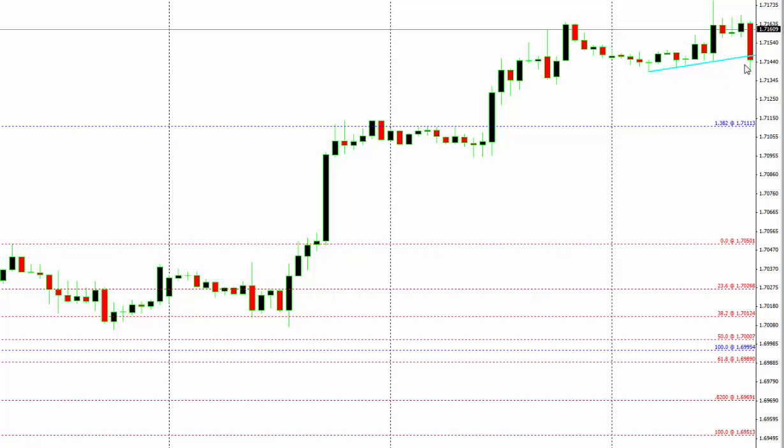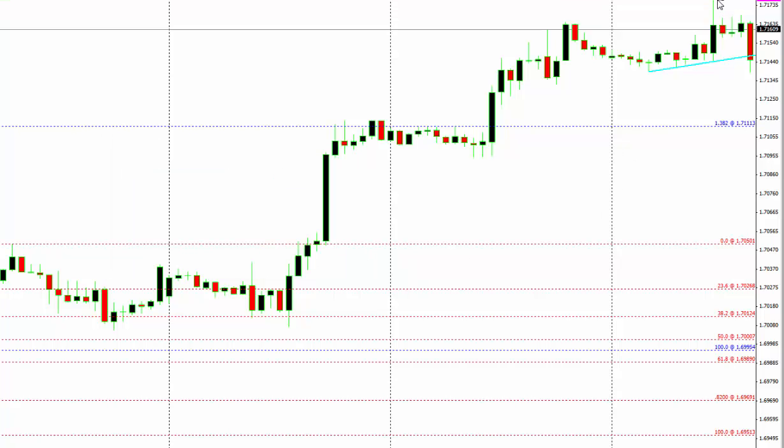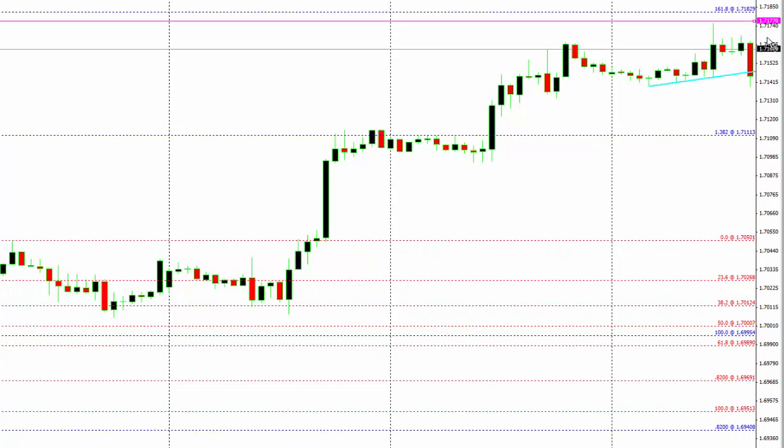For this strategy, I use a 30 pip stop loss. So that's what you're going to be using. So 30 pips from 171.47 is 171.77. So we put a line real quick right here at 177. And it's right there. Now you can see it.